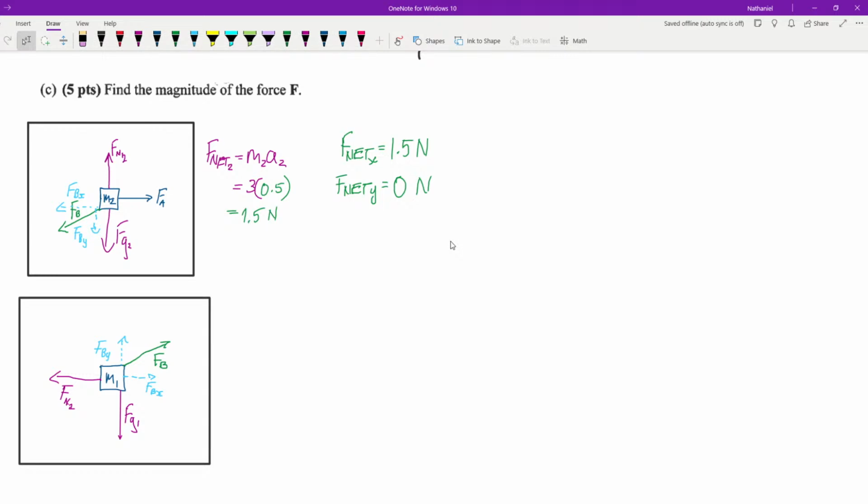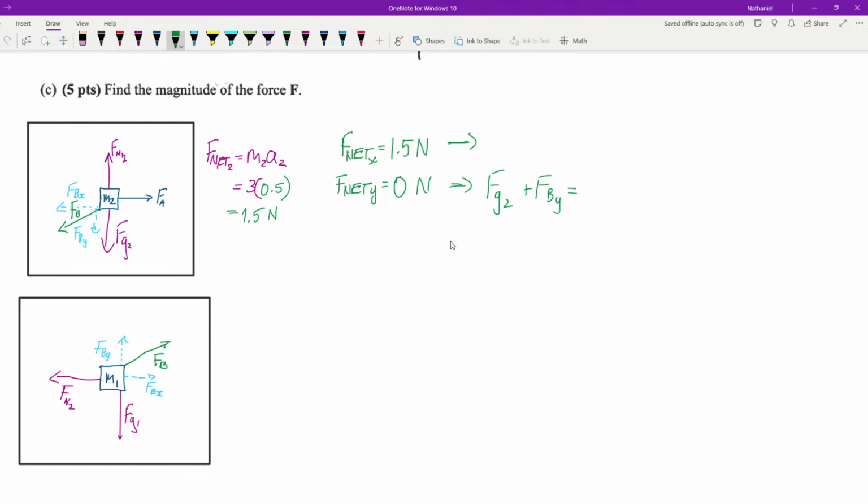Okay, so let's do it. So what goes into Fnet x and what goes into Fnet y? Well, let's start with Fnet y because it's 0, so we're probably going to use something there and go into Fnet x. So Fnet y is 0, that means Fg2 is equal to Fn2, and Fg2, there's also a Fby.